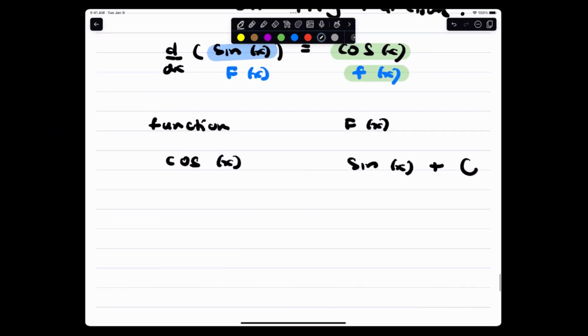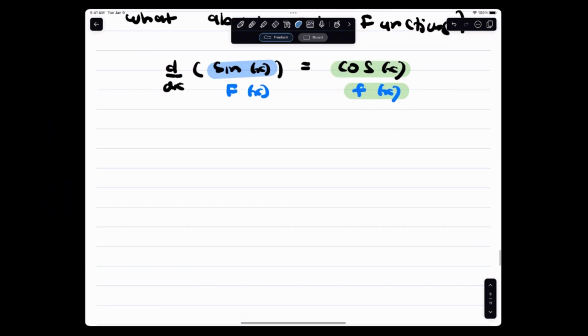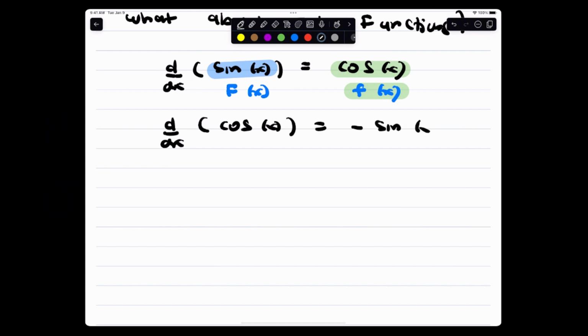So all I got to do now, if you want to know the truth here, I'm going to go through all my functions. If I have to differentiate now cosine, what's the derivative of cosine? Yep. Now be careful here. I'm going to put that constant inside the cosine.